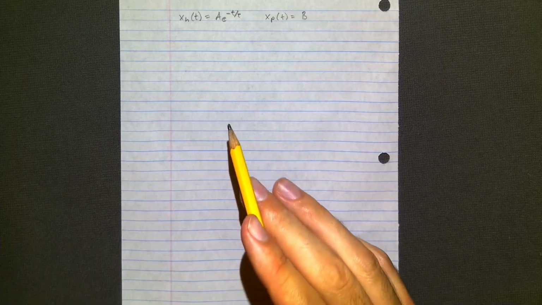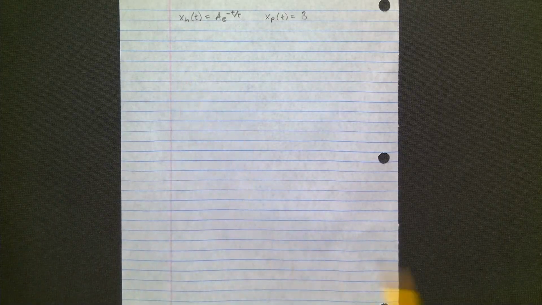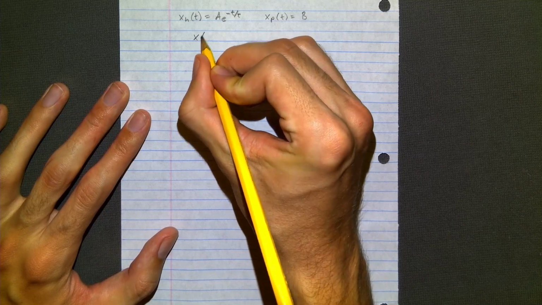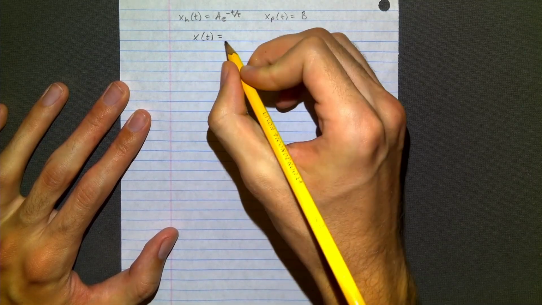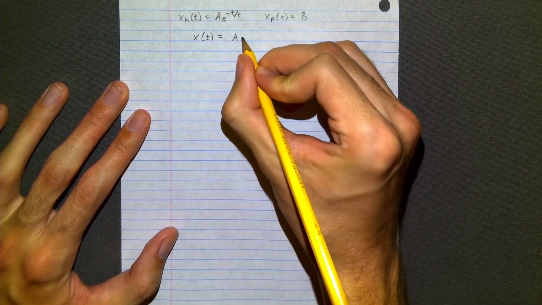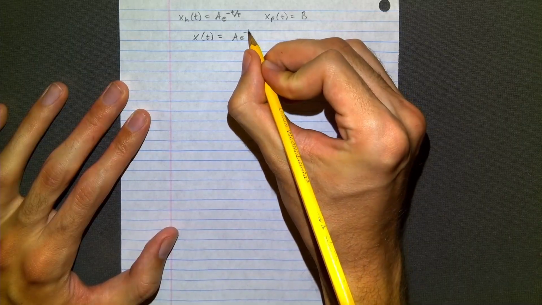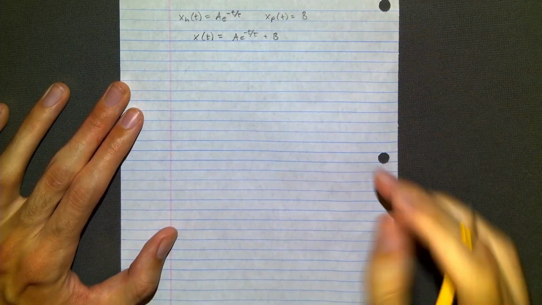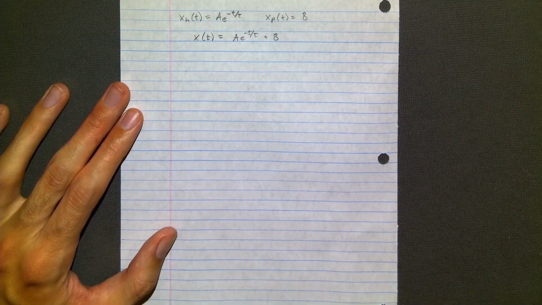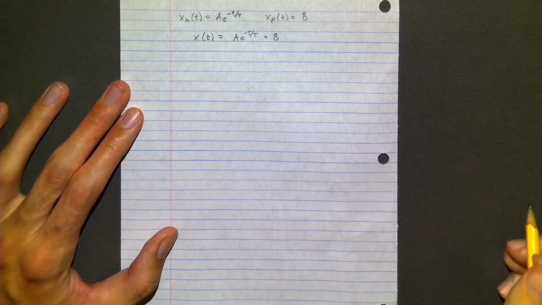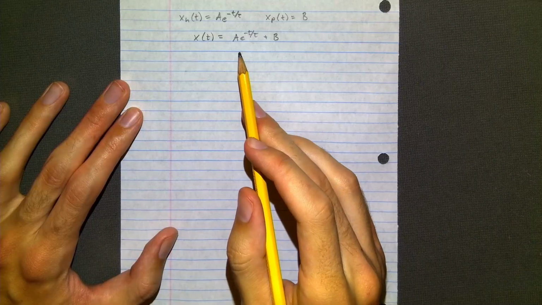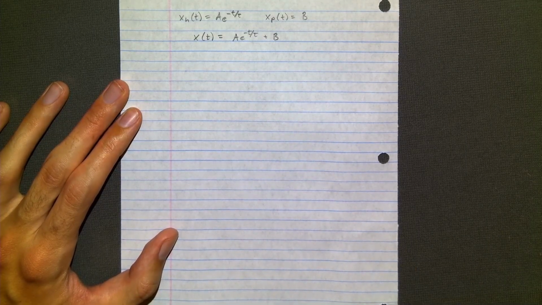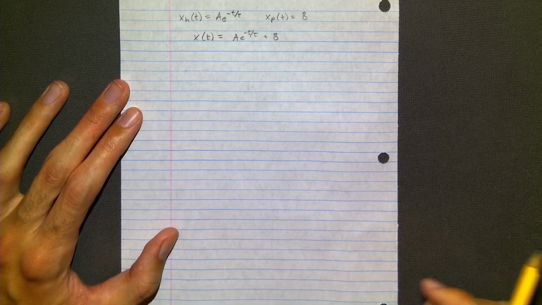So we have our homogeneous and our particular solutions. Now we combine them. Let's say x of t equals A times e to the negative t over tau plus B is our solution. And in order to figure out the values for A and B, we have to plug in our final and our initial conditions.